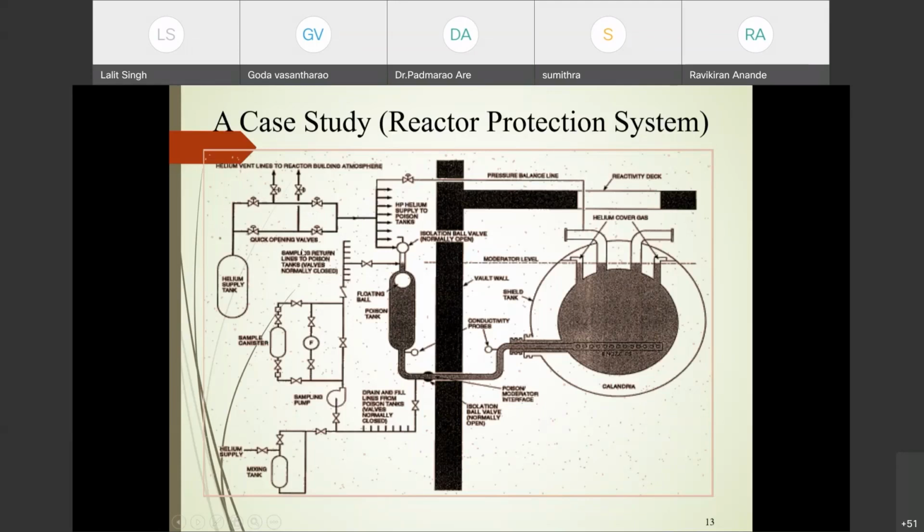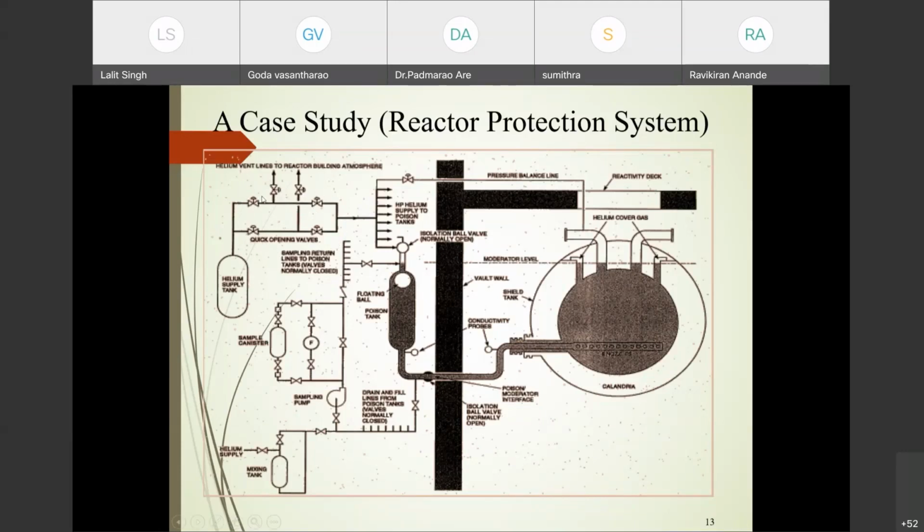So, now it is well understood the necessity of these four valves. But what is the necessity of these two valves which are vertically arranged in each of the lines? Suppose, consider a scenario.